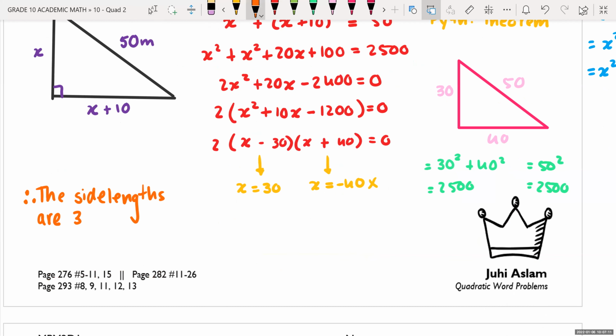It's going to be 30 meters by 40 meters by 50 meters. And that's the end of the solution. We're actually done after this question scenario.